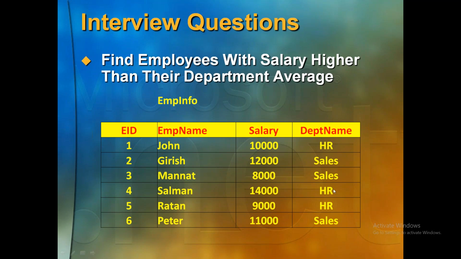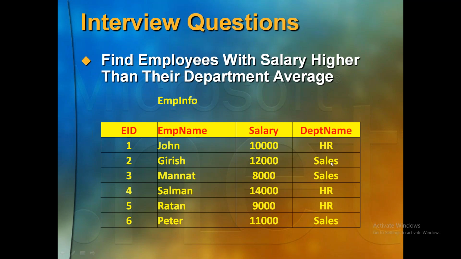First, you need to find out the average salary for each department. That means select department name, comma, average salary, group by department name. You will be able to get something, right? And you need to again compare. Their department average, not the complete average.